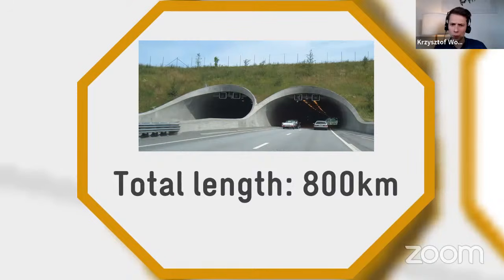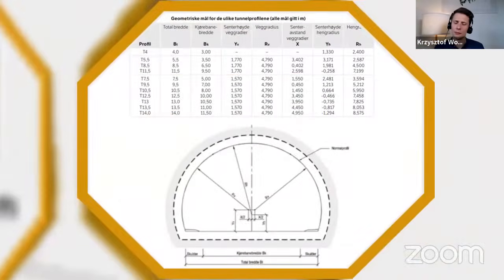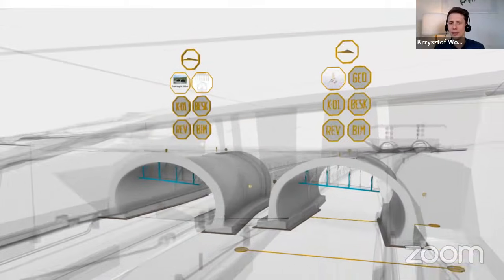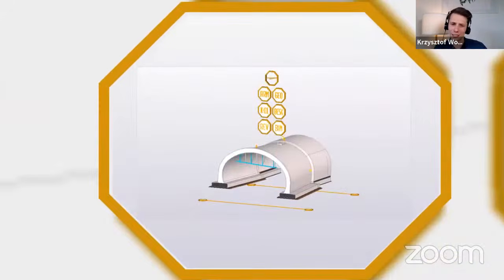In Norway, the road administration standardized all the types of tunnels with the portals. So you have a table with all of these different parameters: some width, different radiuses where to start defining portals. It's a perfect example of how this standardization can be used.